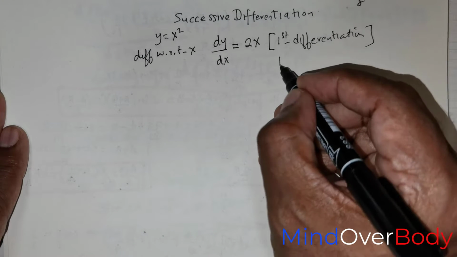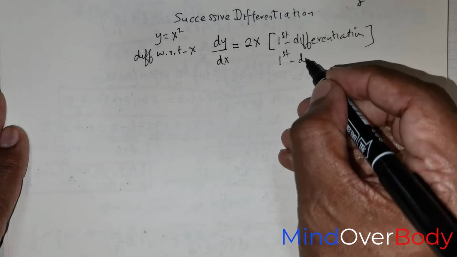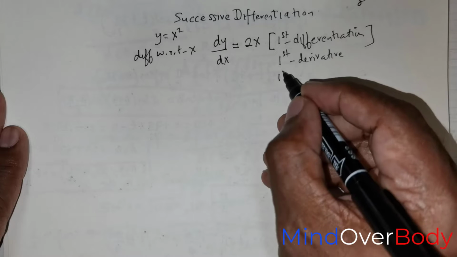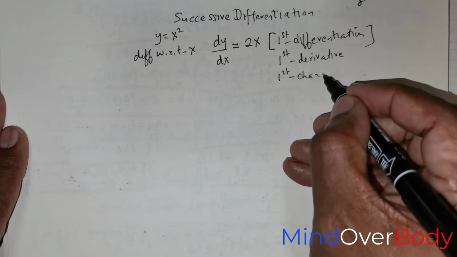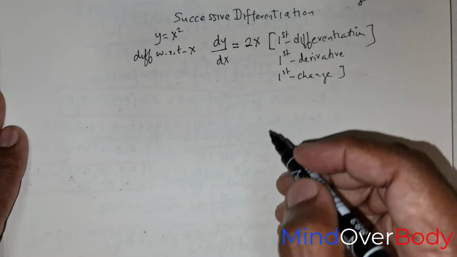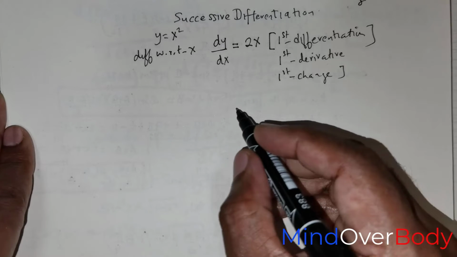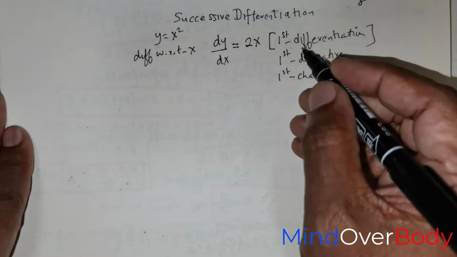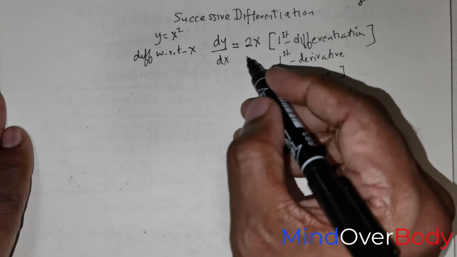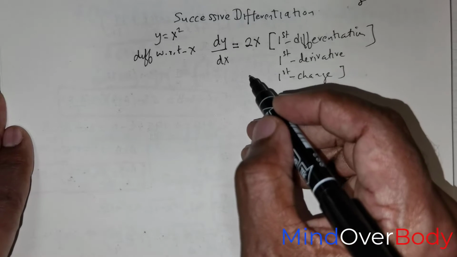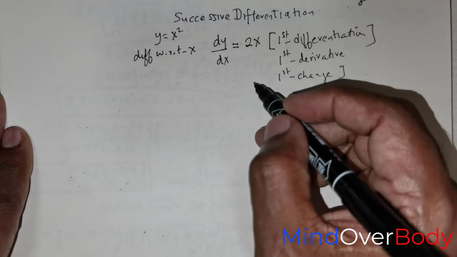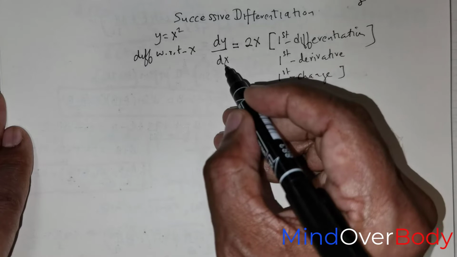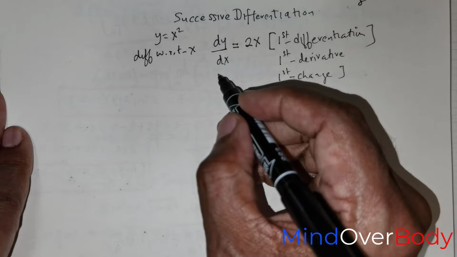Or it can also be called the first derivative, or it can also be called the first change. So there are three different ways by which you can address it. Now just as we have the option of addressing this particular expression in three different ways, we also have the option of representing this expression in three different ways.